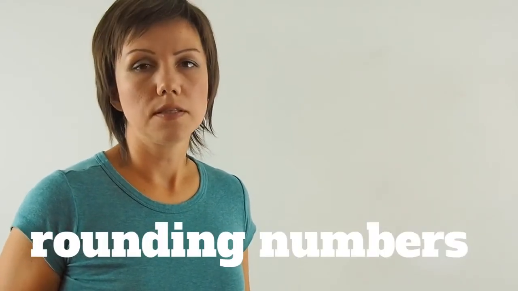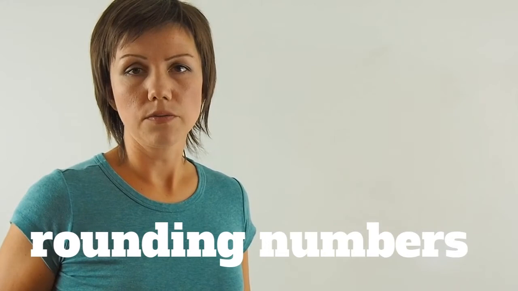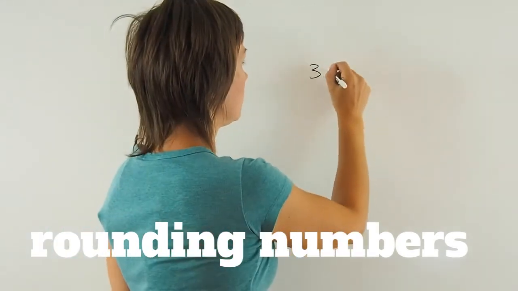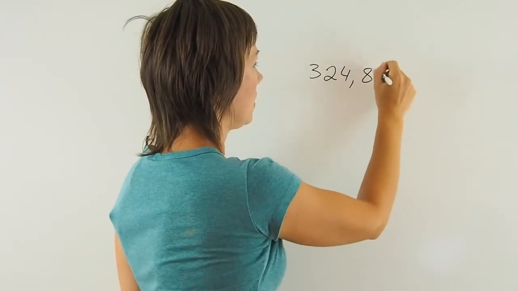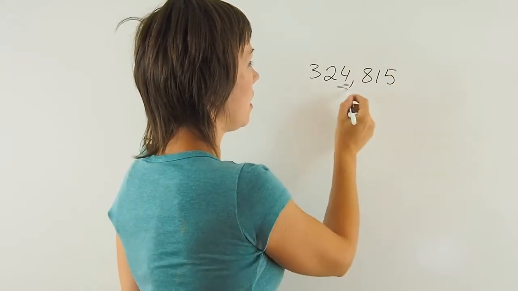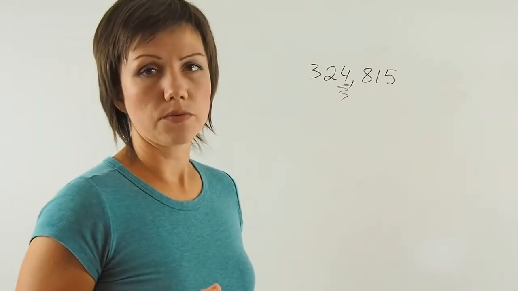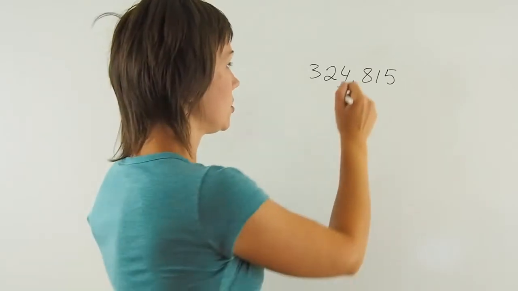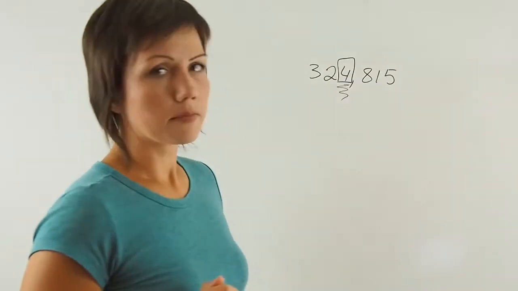A number is round when it ends in zeros. To round a number means to replace certain numbers within it with zeros. Let's look at the same number that we were working with, 324,815. I want to round it to the nearest 1,000, which in this case is 4.